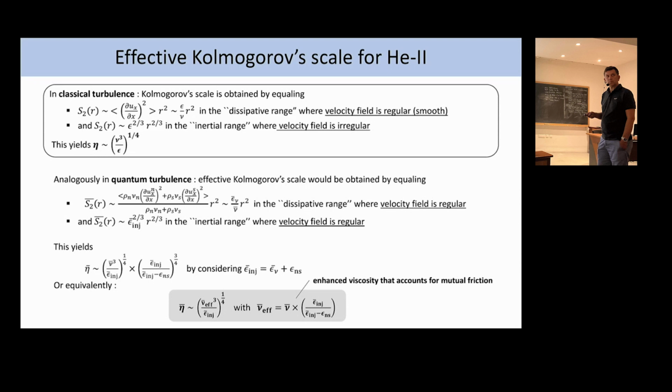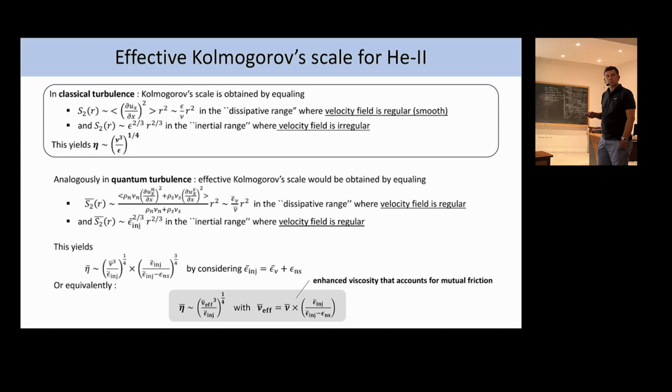And when you match the two, you recover the Kolmogorov expression, and you have an additional term which accounts for the additional dissipation process due to mutual friction.